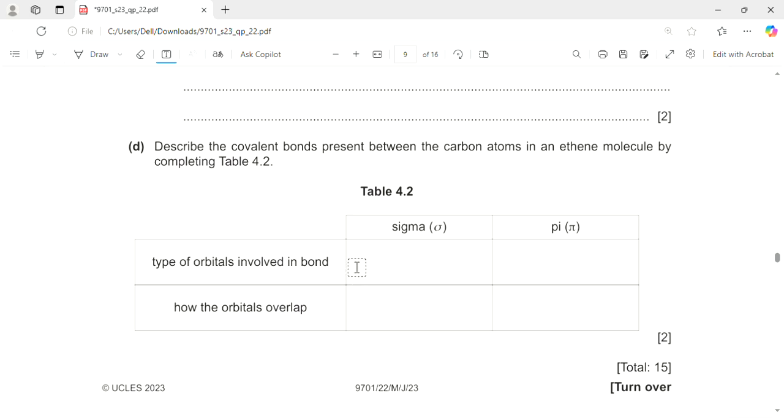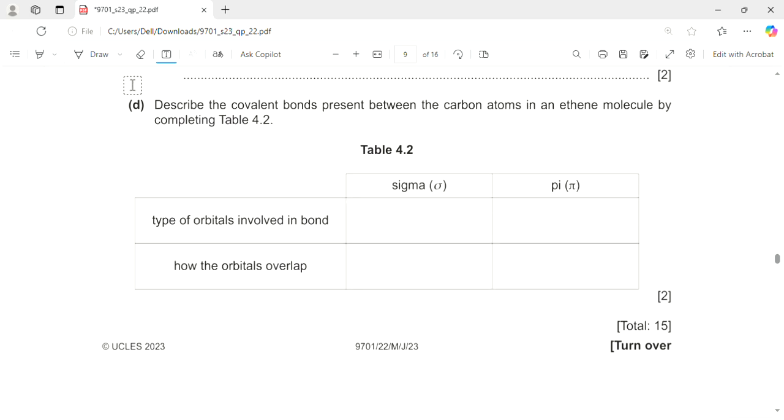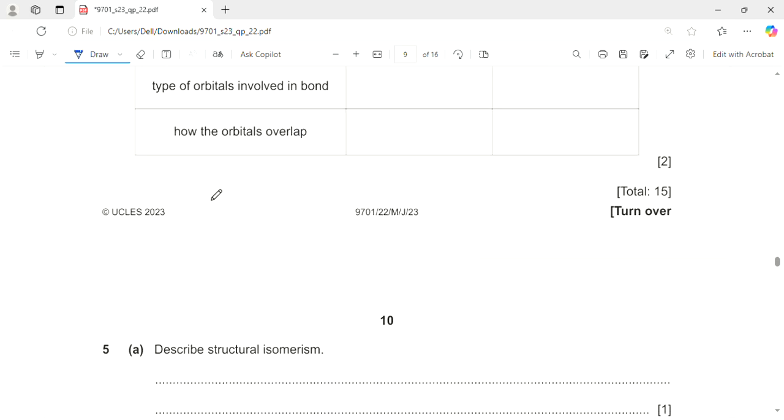Describe the covalent bonds present between the carbon atoms in an ethene molecule by completing the table. All right, so ethene is a molecule with a double bond like this, C2H4.